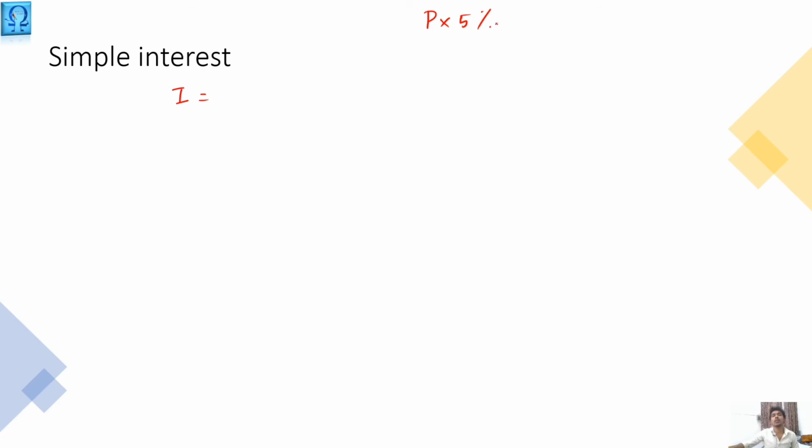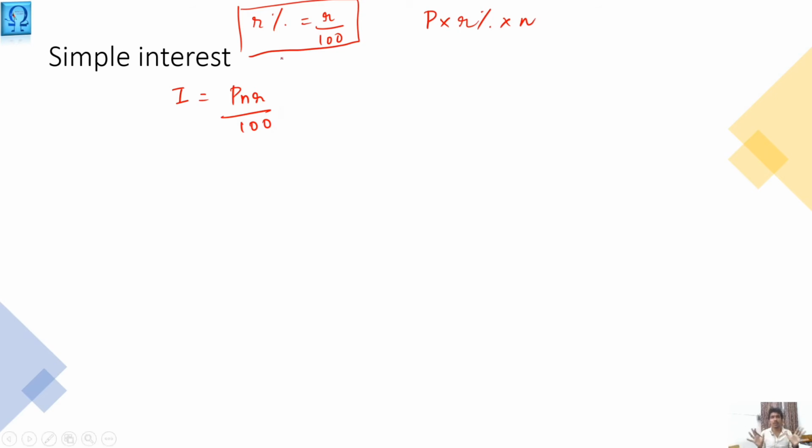And this is being calculated for 3 years, in the sense I will multiply 3. So here this 5% and 3 years are replaced with the general notations R percentage and number of years. This R percentage may be written as R upon 100. So this is going to give me P times NR upon 100.